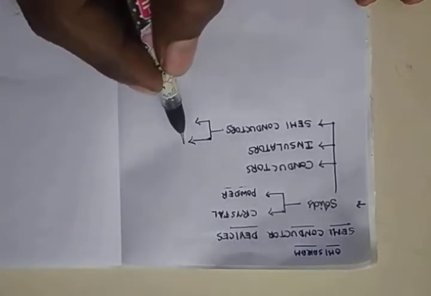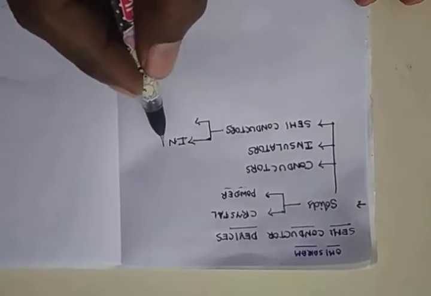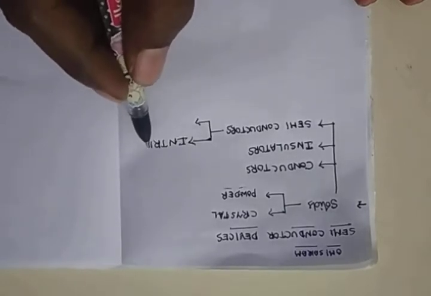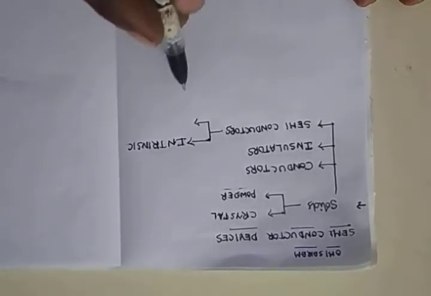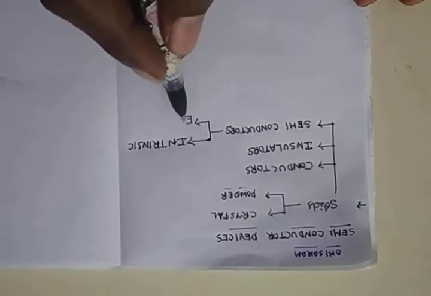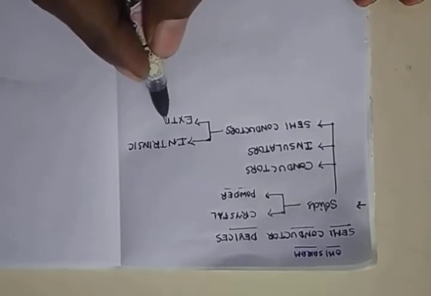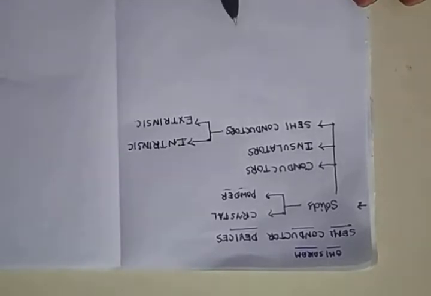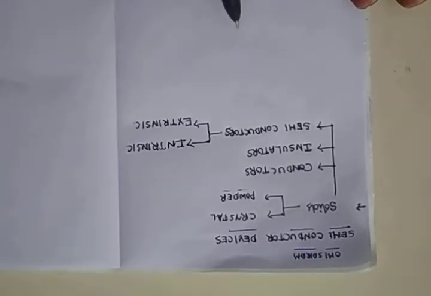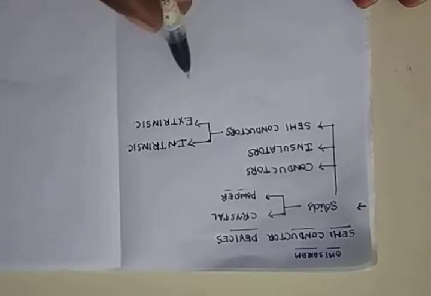The first one is called intrinsic semiconductor, and the second one is called extrinsic semiconductor. Okay.